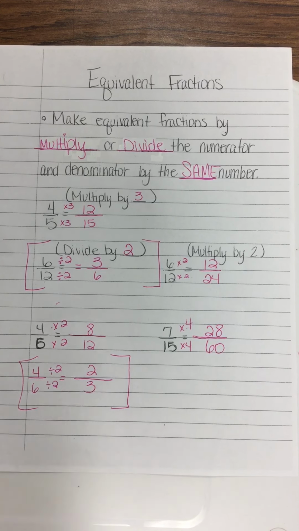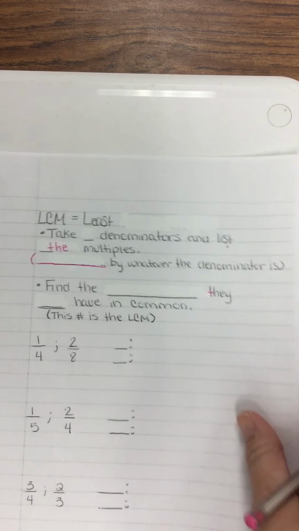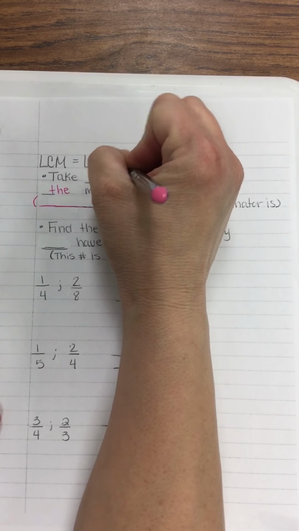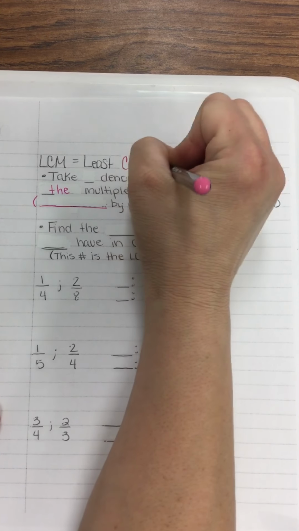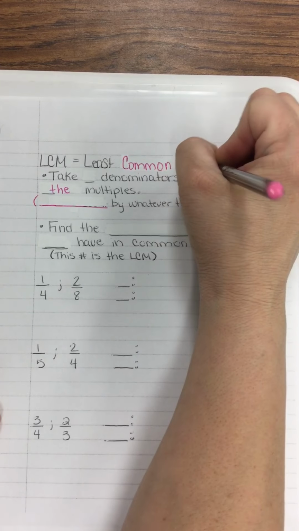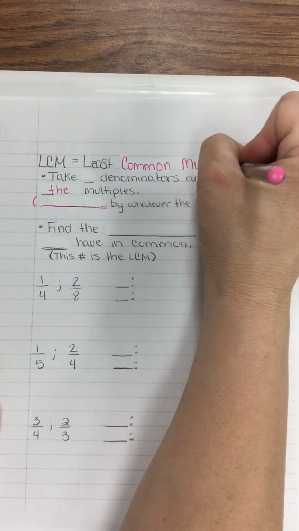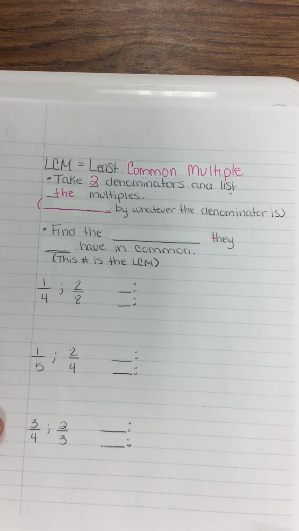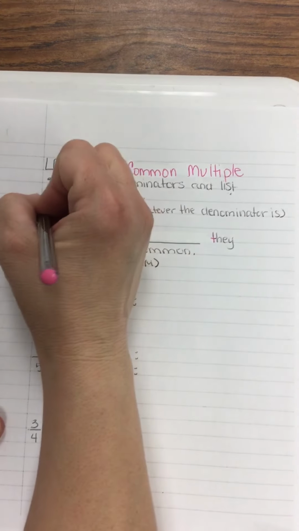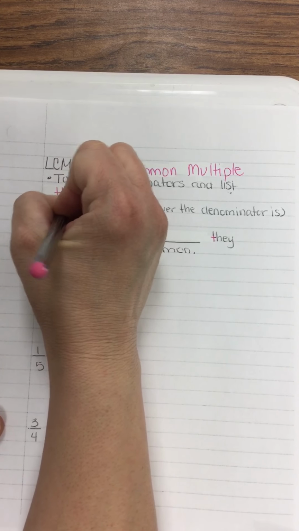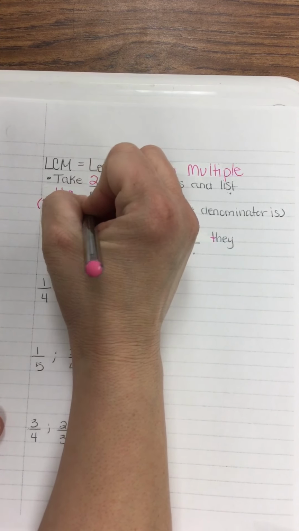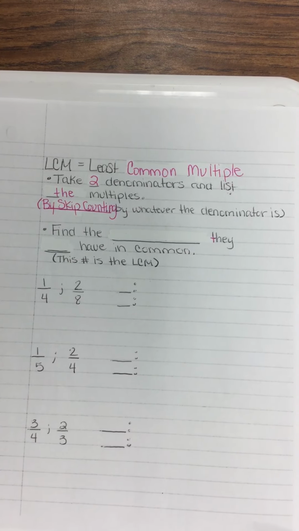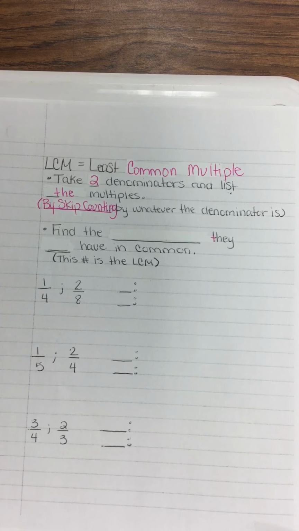All right. The next thing we're going to talk about is least common multiple. Okay? So LCM is the least common multiple. We're going to take two denominators and list the multiples by skip counting, by whatever the denominator is.